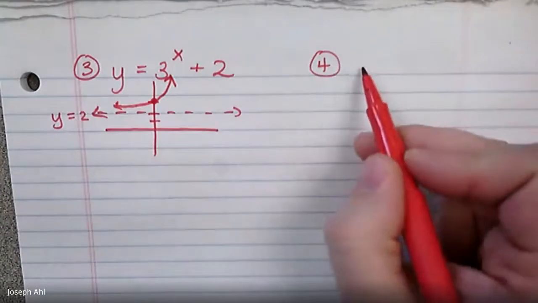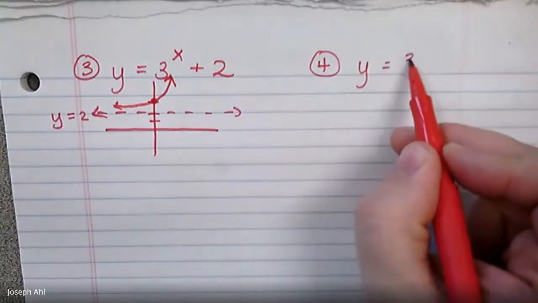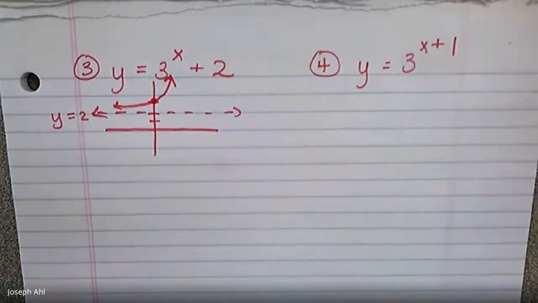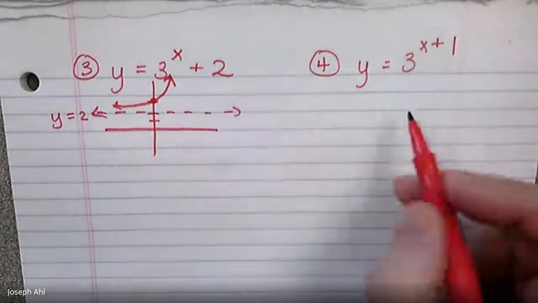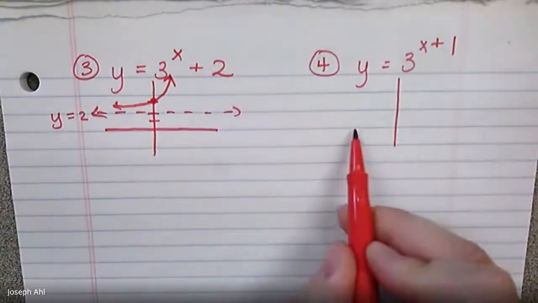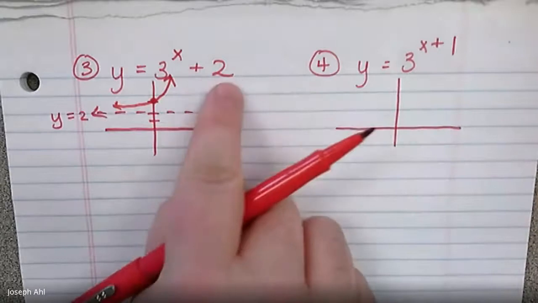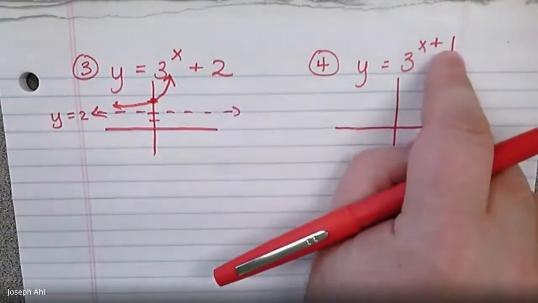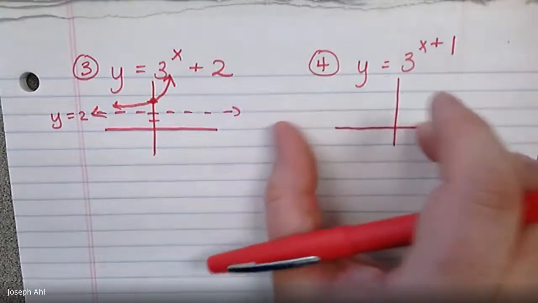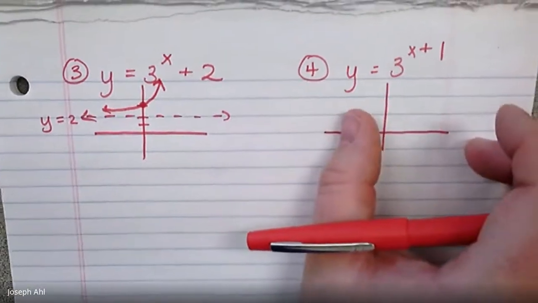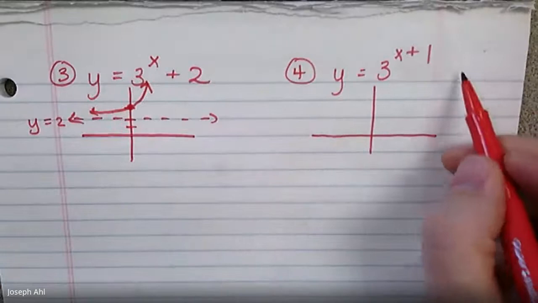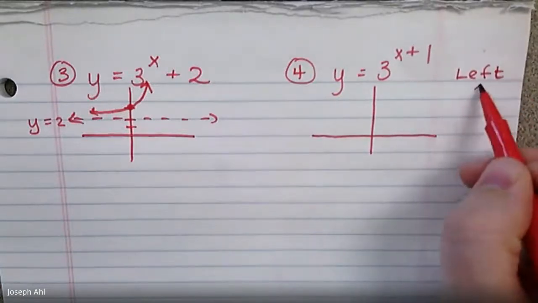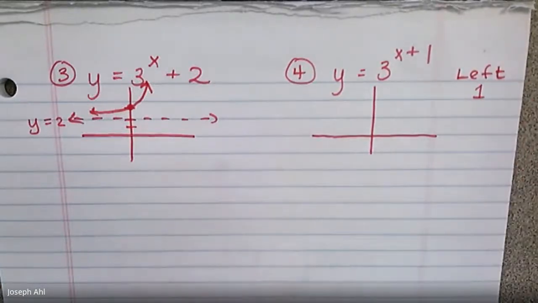So compare that to what if I had y equals 3 to the x plus 1 power? How would that affect what the graph looks like? Well, for 3 to the x plus 1, we're not adding or subtracting on the outside. That was the vertical shift. When you add or subtract up in the exponent, that's going to be a horizontal shift. And it turns out that it's the opposite of what we think should happen, like always happens with horizontal. This is going to move to the left 1.